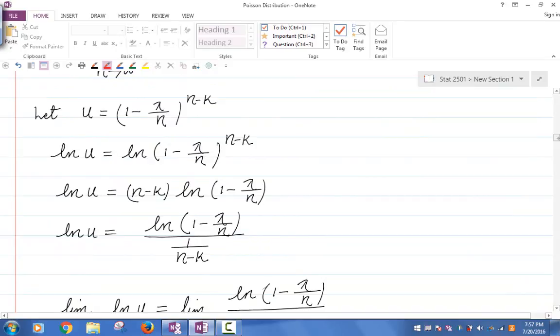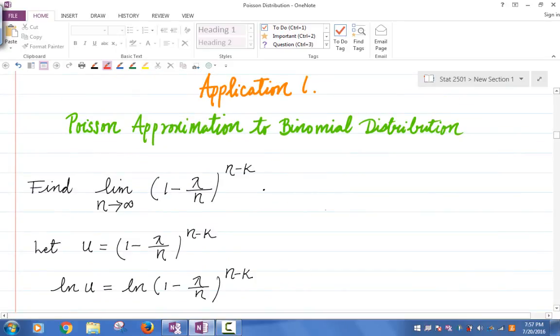Let's find the derivative with respect to n of ln of 1 minus lambda over n.